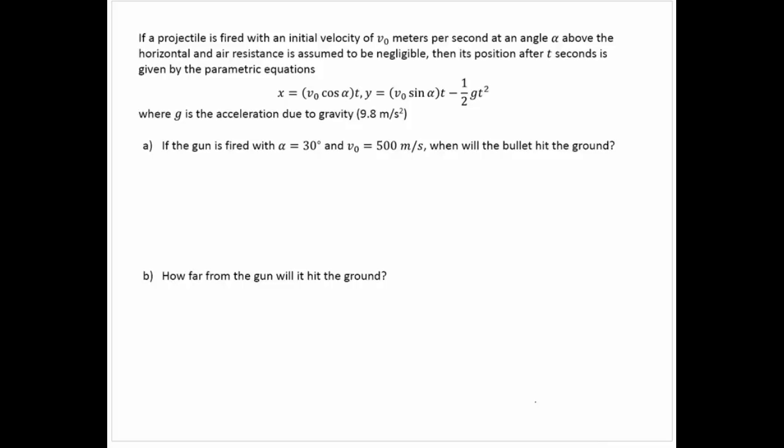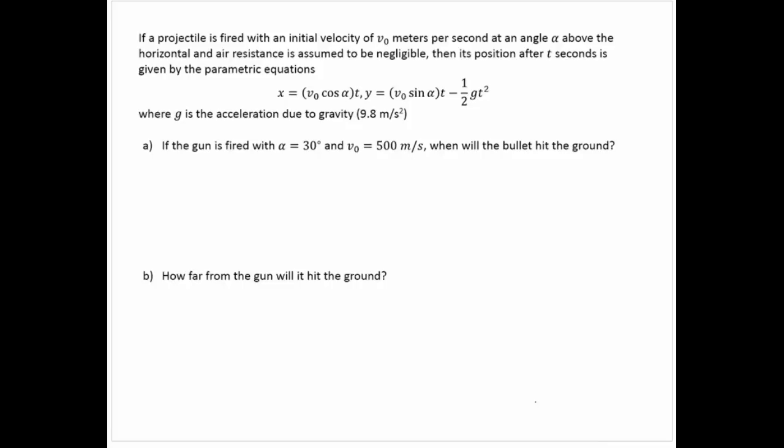If a projectile is fired with an initial velocity of v0 meters per second at an angle alpha above the horizontal, and air resistance is assumed to be negligible, then its position after t seconds is given by the parametric equations. x is equal to v0 cosine alpha t, y is equal to v0 sine alpha t minus 1/2 g t squared, where g is the acceleration due to gravity, 9.8 meters per second squared.